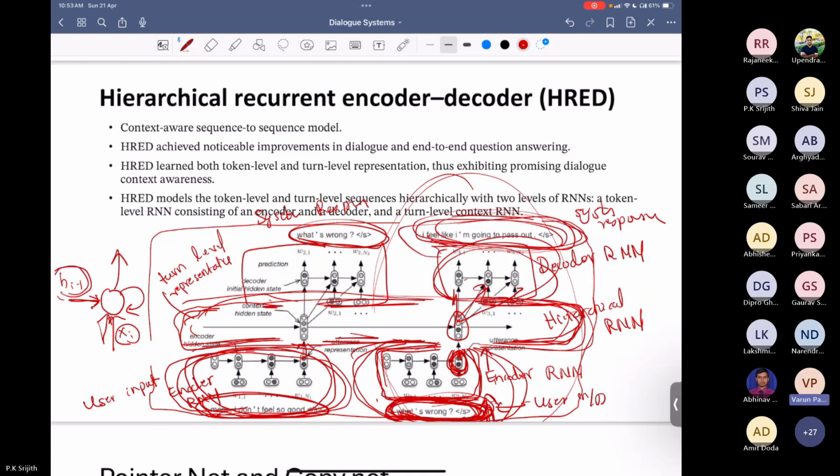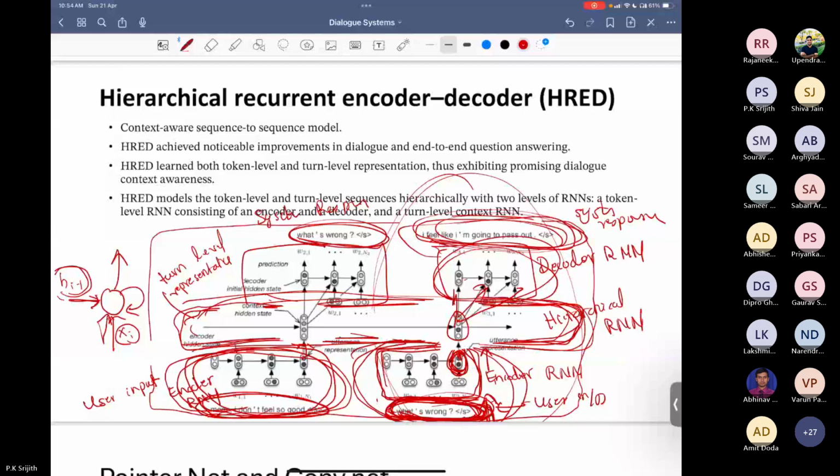Sir, one question. In case there is some random conversation, for example, if the user has given 2, 3 inputs which are very random in nature and not connected, then in those cases, do we need this hierarchical connection?